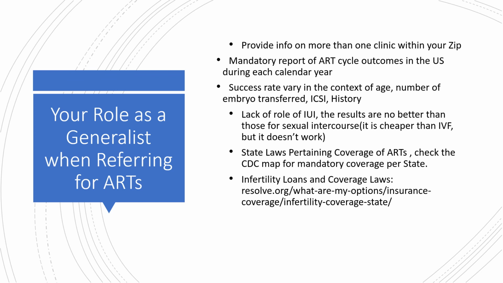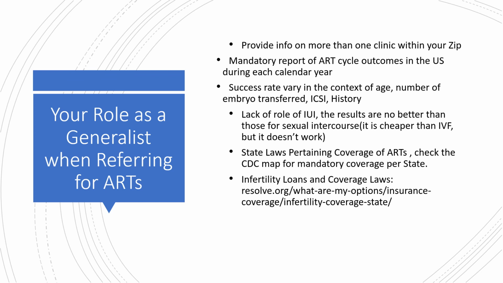So the patient may want to check what the success rate of the clinic is and what type of patients they admit to have that success rate. Of course, the success rate will change in the context of the age of the patients they take, the number of embryos transferred, if they do ICSI, the history.